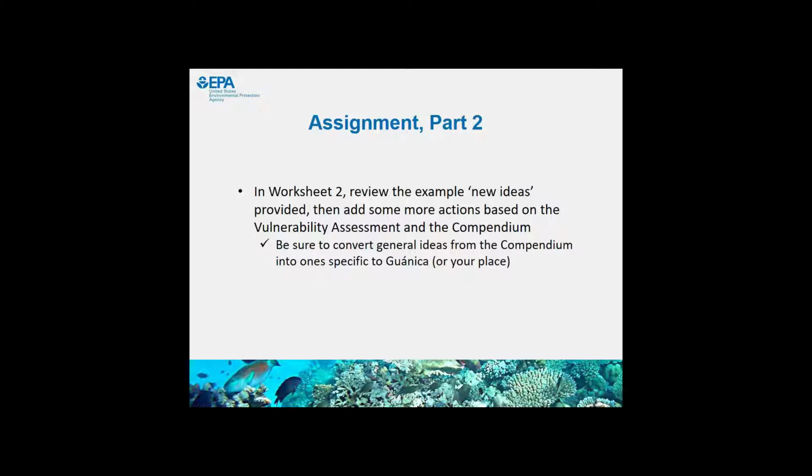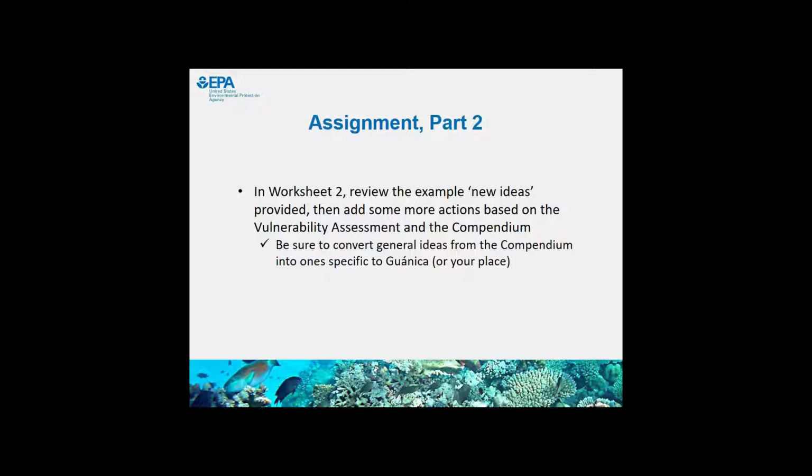So the next part of the assignment was to now come up with some new ideas yourself. You had the vulnerability assessment, so you could think about vulnerabilities, and you had the compendium, so you could think about general ideas. And the requirement in worksheet 2 is to identify what is the threat that's maybe not sufficiently covered or could be covered better, and what is a specific version of a general action in the compendium.